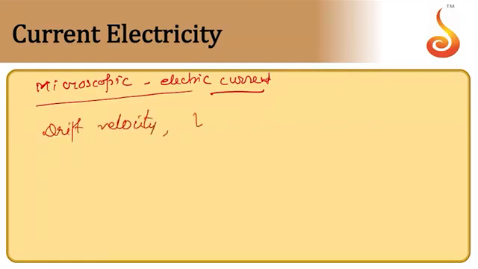Drift velocity Vd is given by eE divided by m into tau, where tau is the relaxation time. This can also be written as mu into E, where mu is the mobility of the electrons.